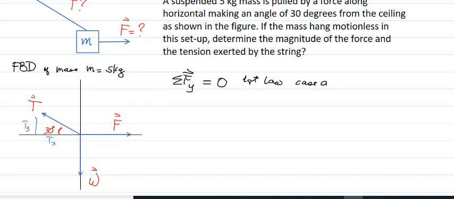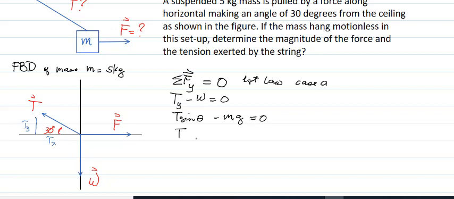So we only have T and W. Our Ty is positive because it is upward, and then our W is negative. So if we add, we have the component of T along Y, minus the weight, and this is equal to 0. The Ty is just equal to T sine theta, minus W, which is mg, the mass times the acceleration due to gravity, and this is equal to 0.